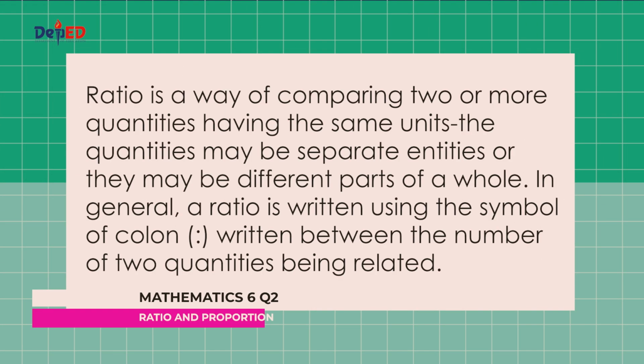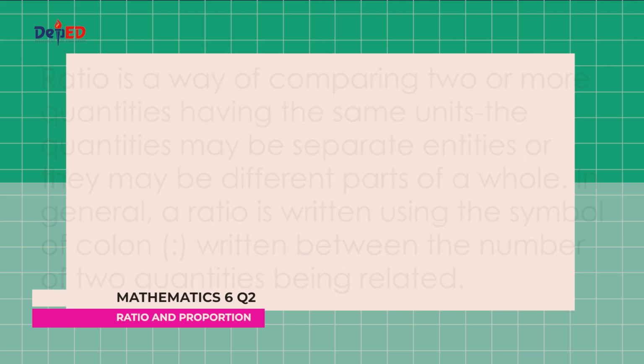Ratio is a way of comparing 2 or more quantities having the same units. The quantities may be separate entities or they may be different parts of a whole. In general, a ratio is written using the symbol of colon written between the number of 2 quantities being related.